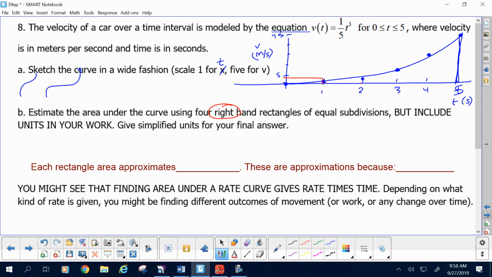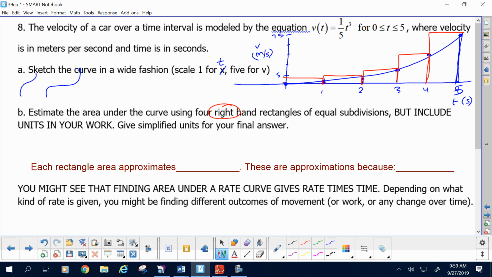And from 1 to 2, where do I draw? 2. And from 2 to 3, I use 3. And from 3 to 4, I use 4. And from 4 to 5, I use 5. Am I going to get an overestimate or an underestimate? Overestimate. I'm going to get an overestimate because I'm using right-hand rectangles on an increasing function.